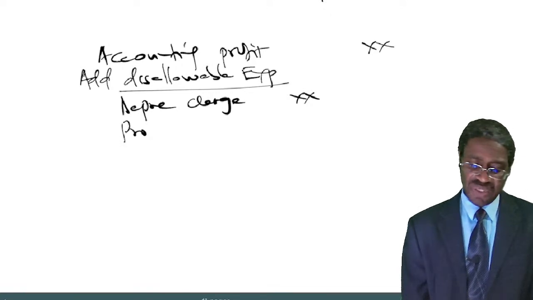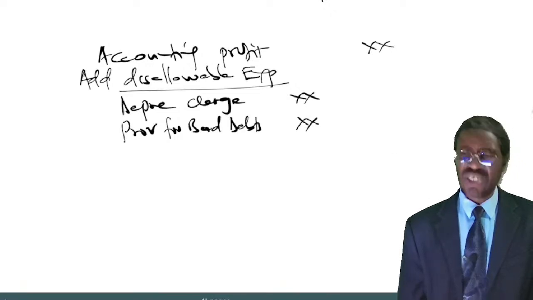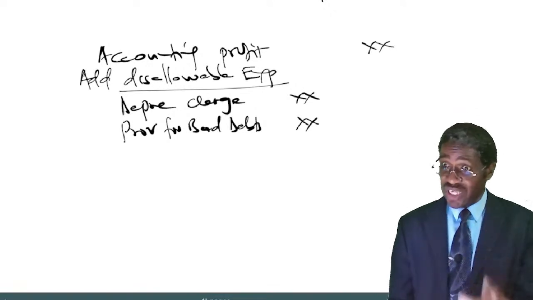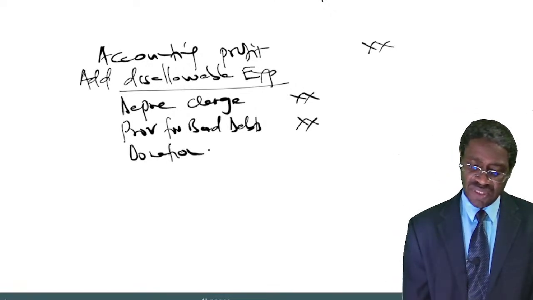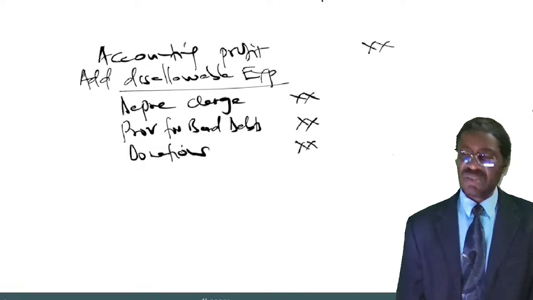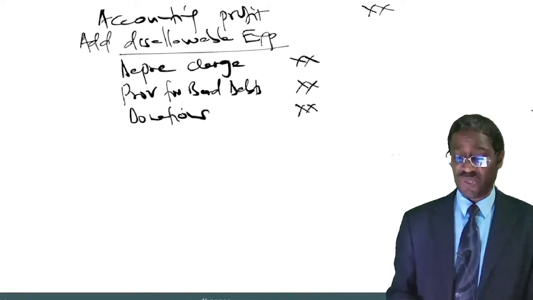The second one we have said is provision for bad debts, whatever it is. The other one I gave you was donations. That is totally disallowed for tax purposes.